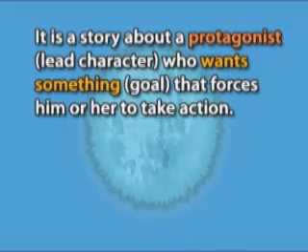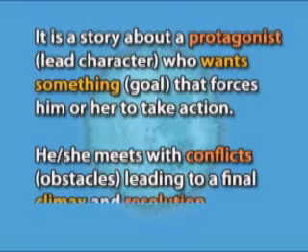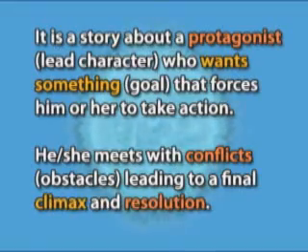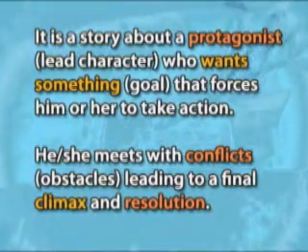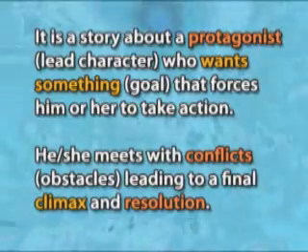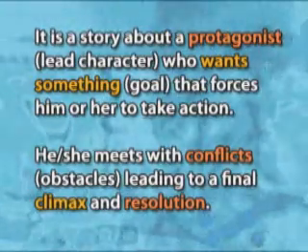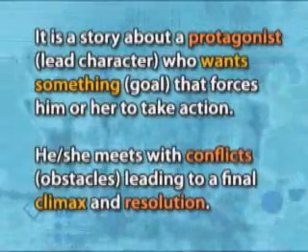He or she meets with an escalating array of conflicts or obstacles, leading to a final climax and resolution. Most stories follow this structure to some degree. Sometimes you'll have multiple protagonists, and there's all sorts of variations on this, but most stories follow this basic story structure sentence.